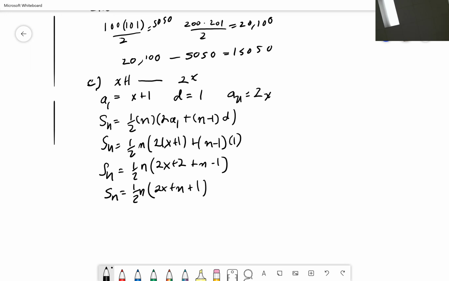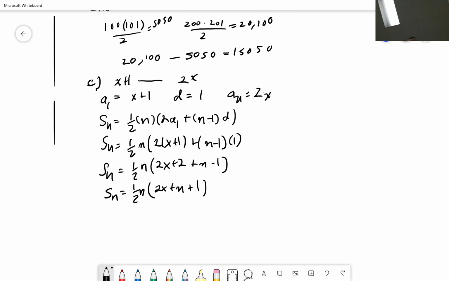Let me take a look at what they want to produce, but perhaps keeping the n the same will make it worthwhile. And for the sake of time, let me go ahead and move.